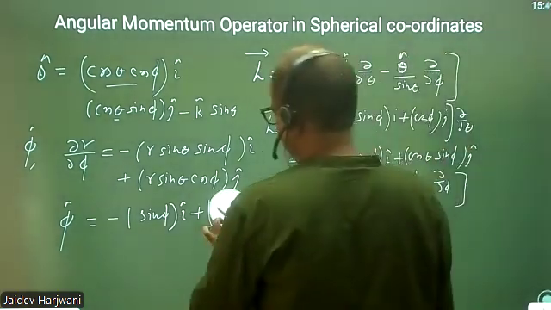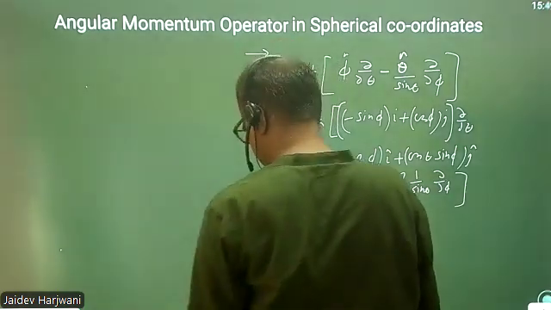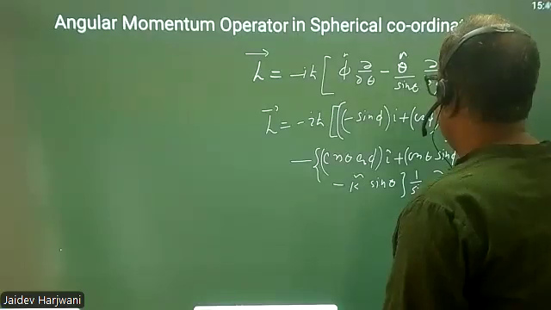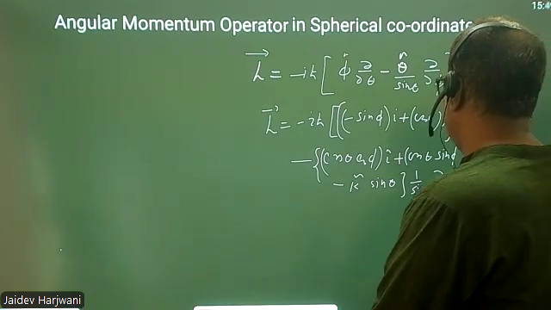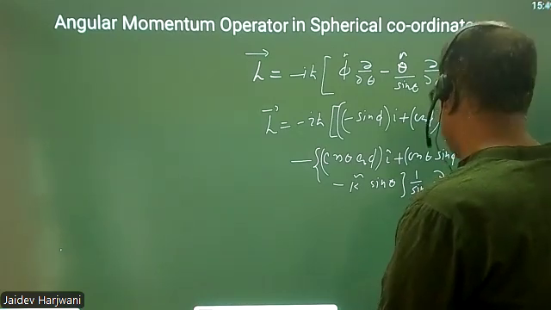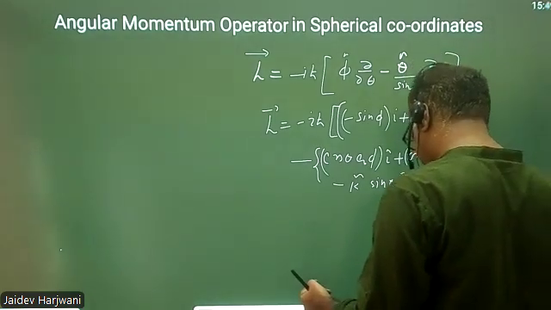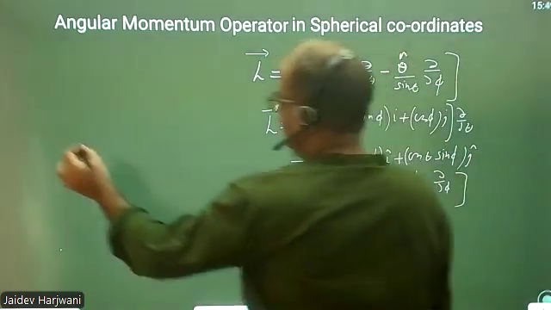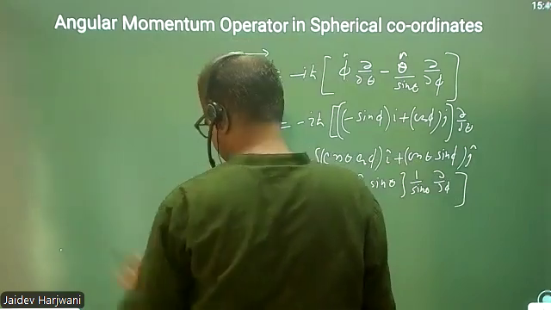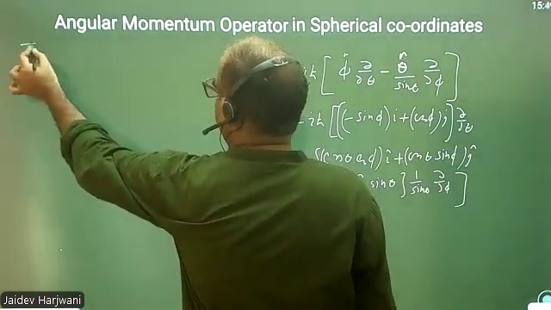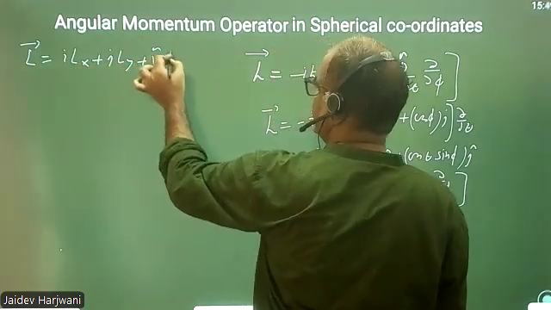So now let me simplify it. I want to gather terms of i and j so that we can solve it. Let me calculate Lx. L is iota Lx, j Ly, plus k Lz.